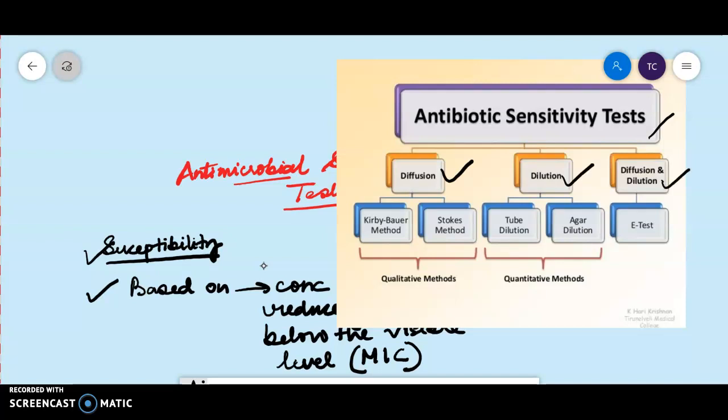Now if it is diffusion, it is further classified as Kirby-Bauer method and Stokes method, and this method in totality is called a qualitative method. And of course we should also have a quantitative method, that is your tube dilution and your agar dilution method, and diffusion and dilution is the E-test.